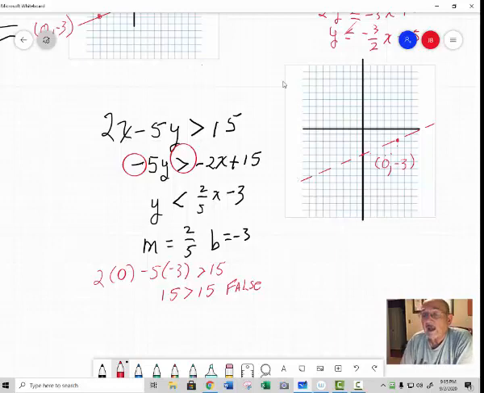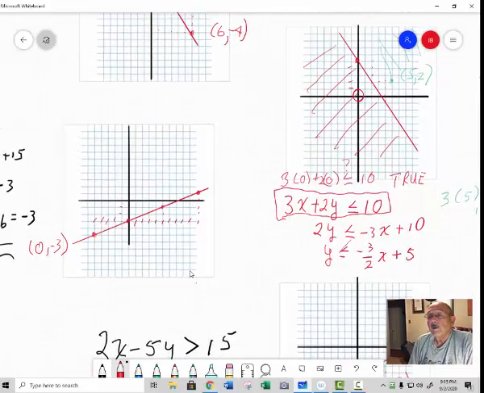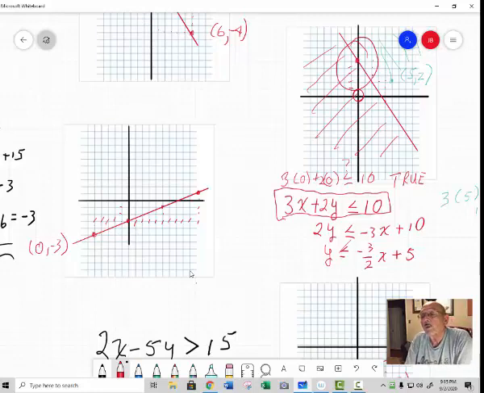It is the point 0, 5. Well, 3 times 0 plus 2 times 5, because that's my y-intercept right here, I know that that is less than or equal to 10, because 10 is in fact less than or equal to 10.